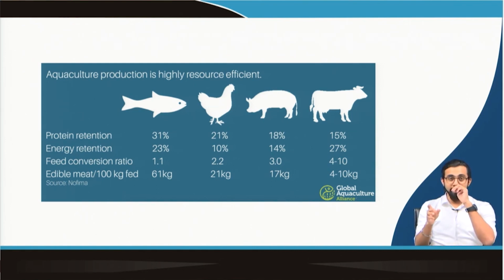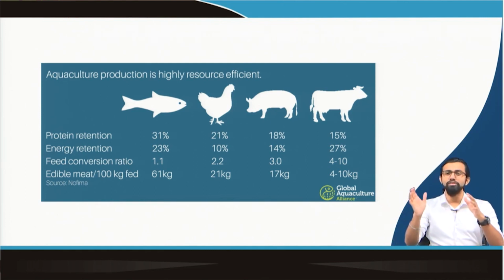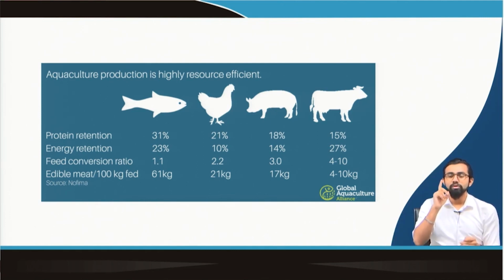Now suppose you have supplied 100 kg of feed. It's a lot of feed you have to give for one cow for 10 kg of body mass conversion. So that's 100 by 10, and the feed conversion ratio is 10.